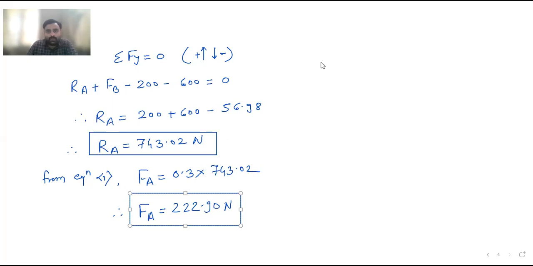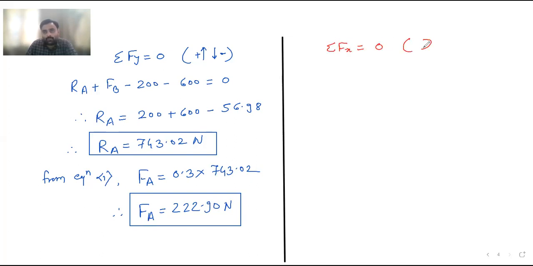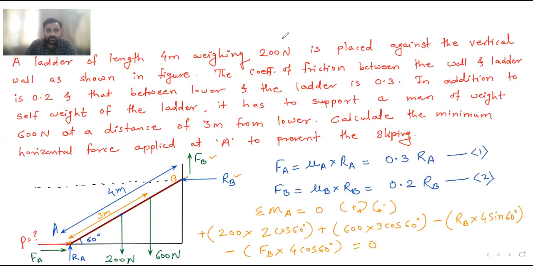And now finally we will calculate the value of this force P. Now what we will do, we will apply summation Fx equal to 0. So if the force is moving towards right, it is positive. If the force is moving towards left, it is negative. Now go to the diagram, see how many horizontal forces are there.